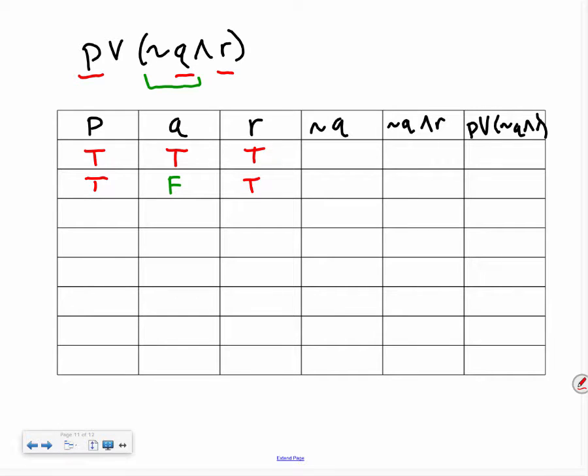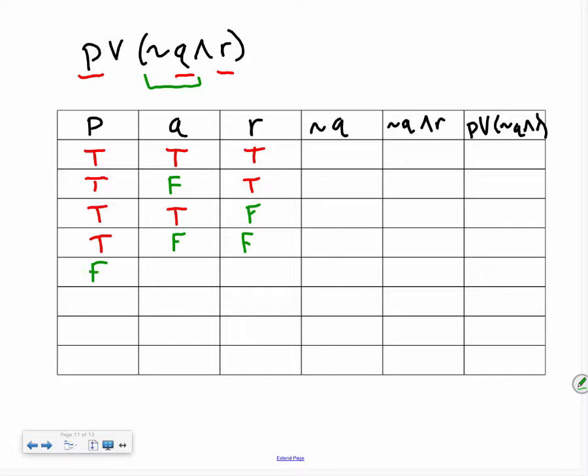Or we could have P is true, Q is true, or R is false. We could also have P be true. We could have Q be false and R be false. There's as many combinations as I can think of for having P be true.